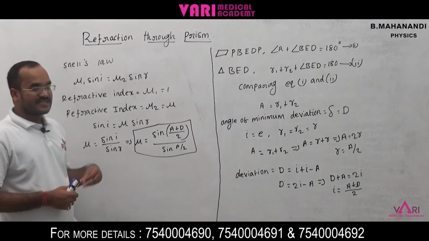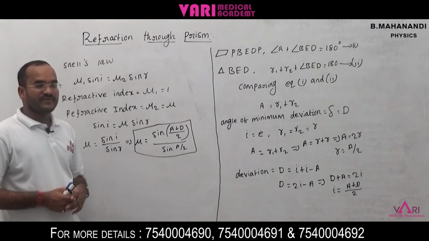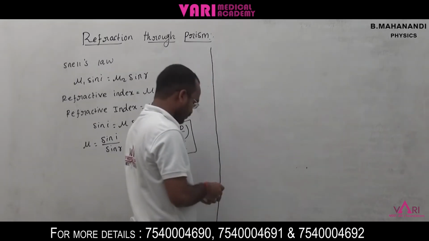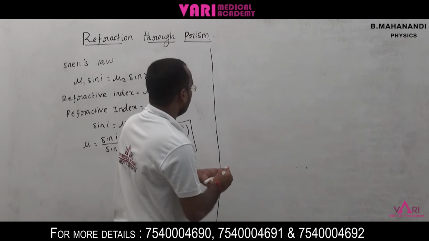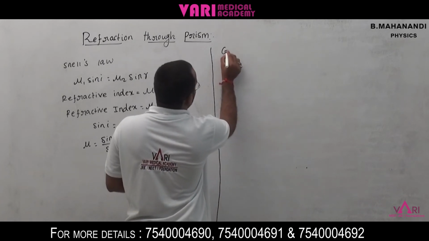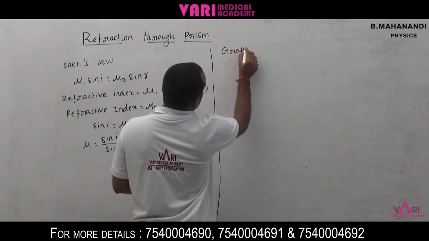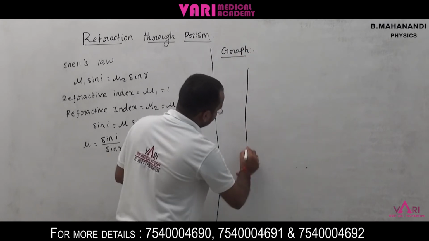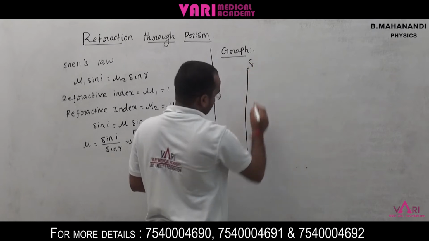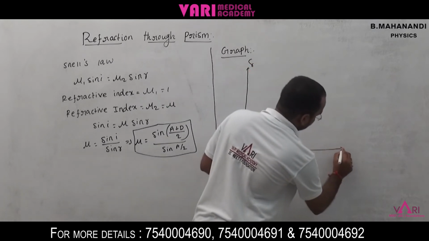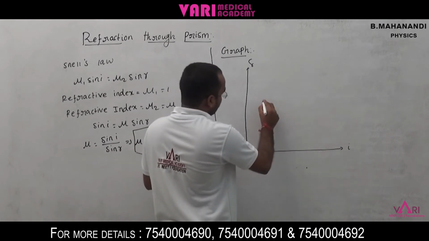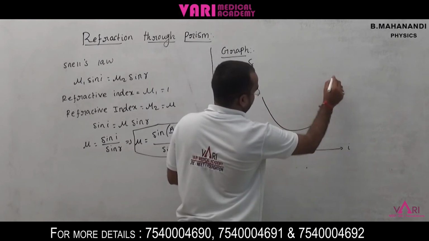But how do the incident angle and deviation change, based on the graph? On the y-axis I will choose the deviation, on the x-axis I will choose the angle of incidence. Now the graph is parabolic.